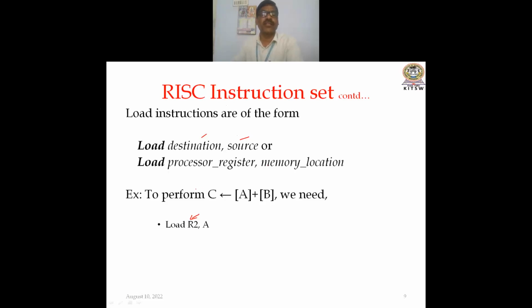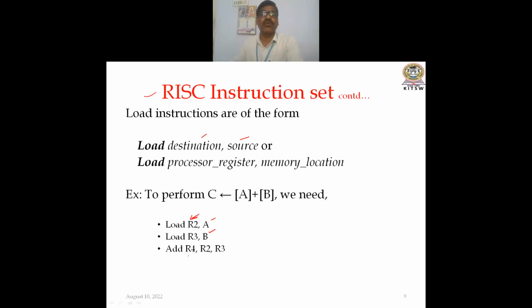That you have to clearly understand in the RISC instruction set. So first we load operand A into processor register R2, and operand B into processor register R3. Then we execute the add operation, add R4 comma R2 comma R3, where the R2 and R3 contents are added, and the result is stored in R4.